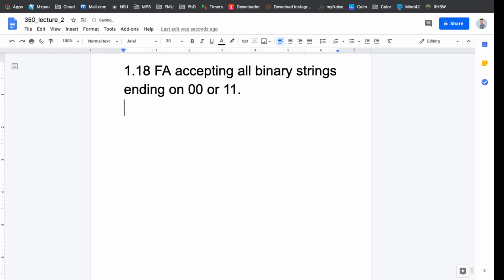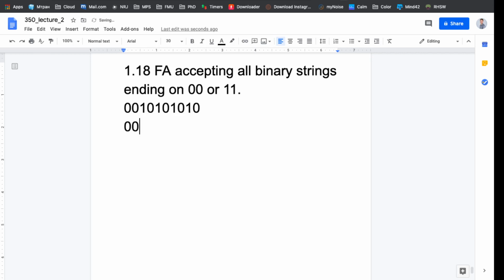Cool. Okay, so that's actually kind of similar, right? So let's think about the difference. Before, once we saw 0, 0, we immediately knew that we need to accept, no matter what we had after. In this case, in the new FA, that's not enough. We need to finish up on 0, 0 or 1, 1.